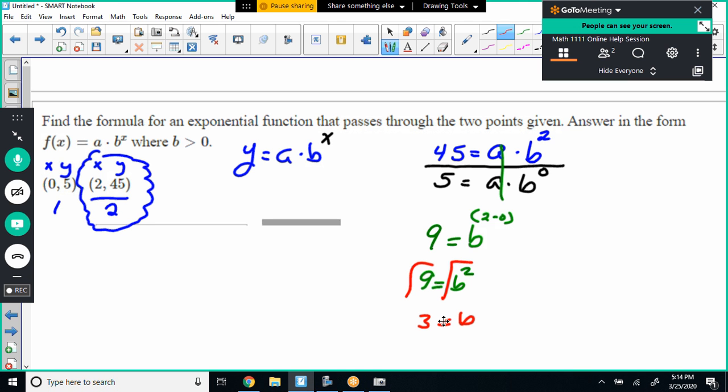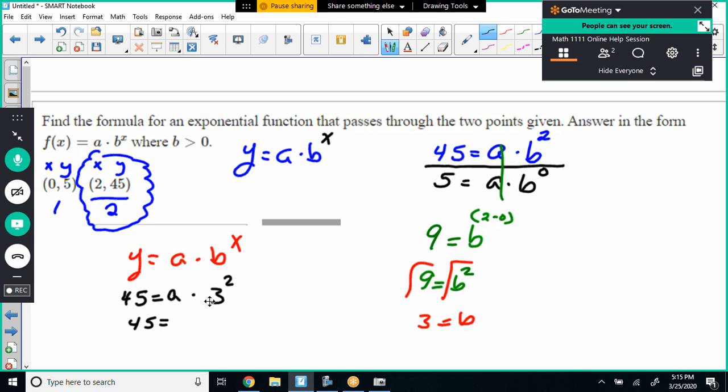All we have to do now is find the A, the initial value, right? So we start right back over. We could pick either one of these points, 2 and 45 or 0 and 5, it doesn't really matter. For grins and giggles, I'll do 2 and 45. So 45 is the Y, equals A times 3 squared.